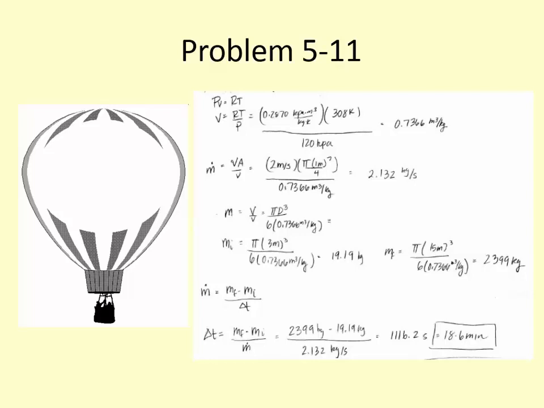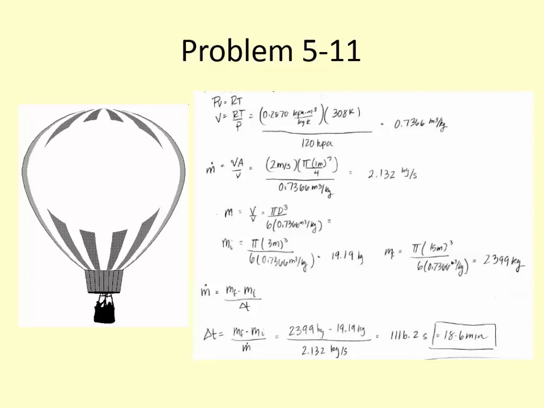So this delta M over some time interval is going to be equal to our mass flow rate, right? So delta M over delta T is equal to M dot, kilograms per second. So we can find delta T is equal to our delta M divided by the mass flow rate.